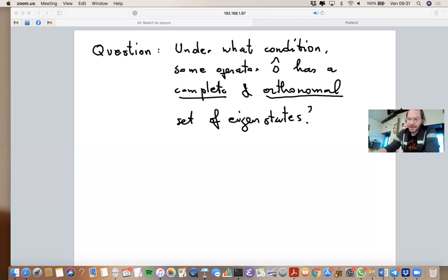So now we might ask the same question, since you have both these properties together for symmetric matrices in real vector spaces, maybe they come together also in complex vector spaces.